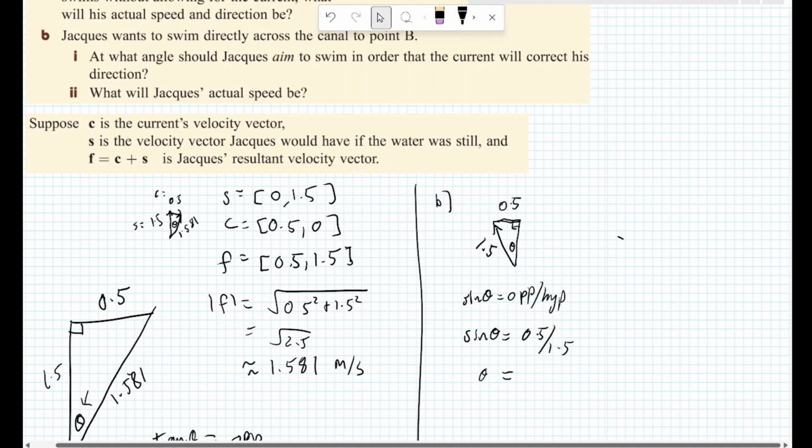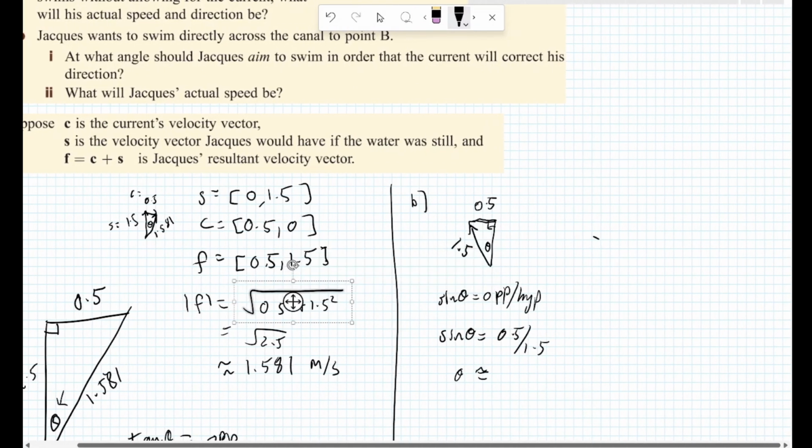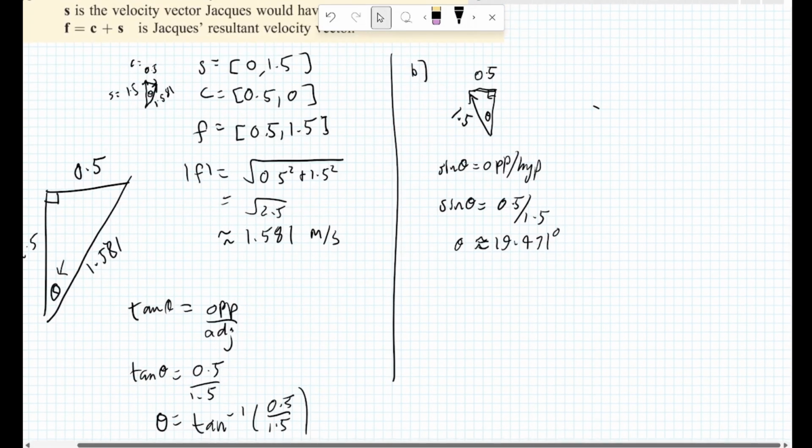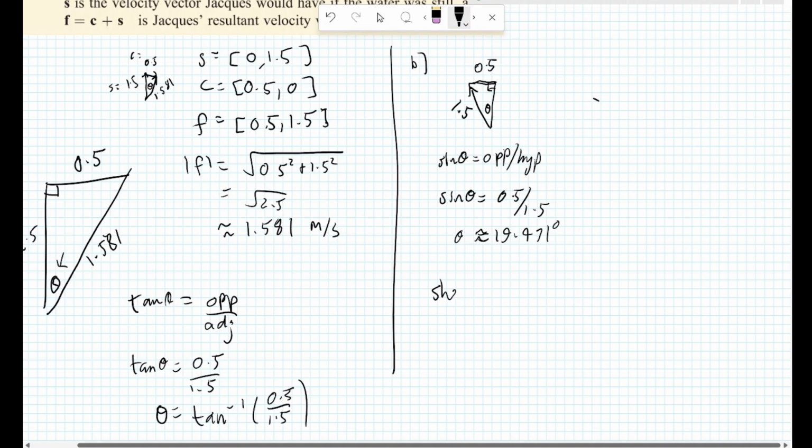So theta roughly equals 19.471 degrees. So that's this angle here. So should swim at 19.471 degrees.